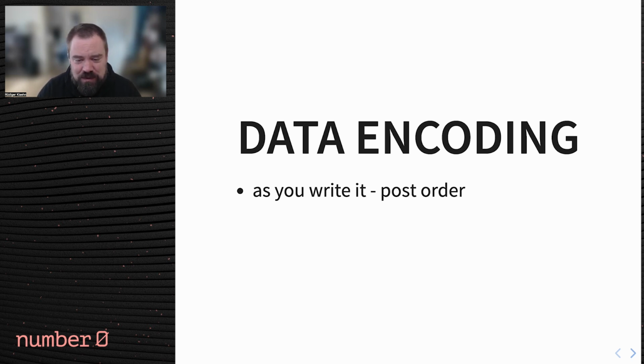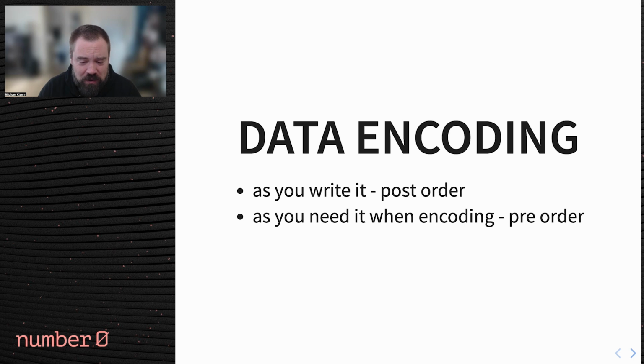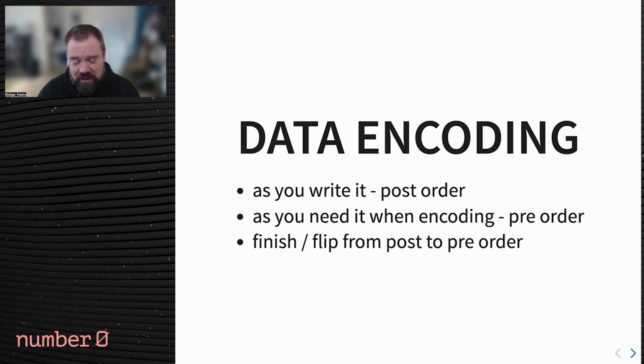This means you will get the data in post-order traversal. Now, in what order do you need the data when you want to send it over the wire? You need it in exactly the different order. You need first the two hashes immediately below the root to connect the root to the data. And that is why, as the encoding is done, at the very end, it flips from post-order to pre-order traversal.